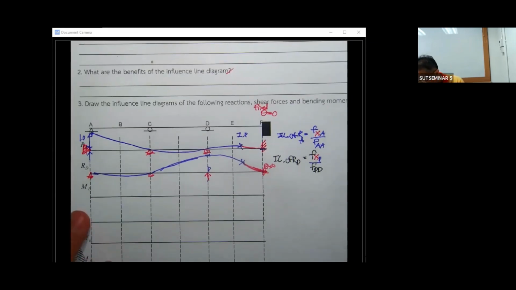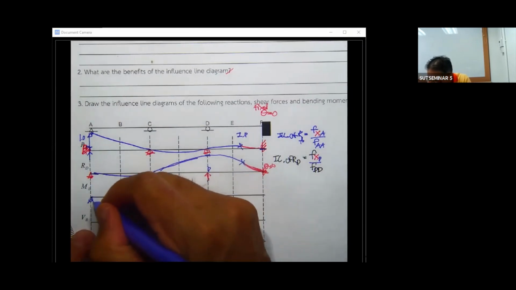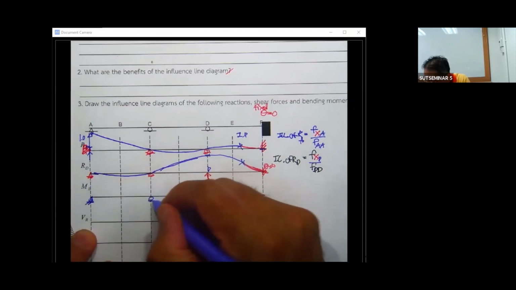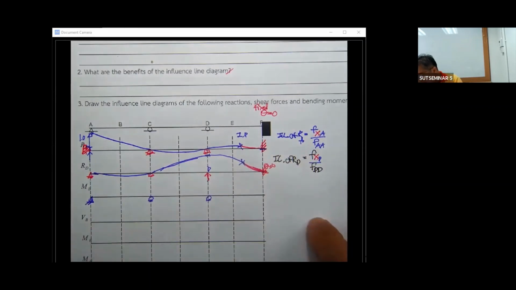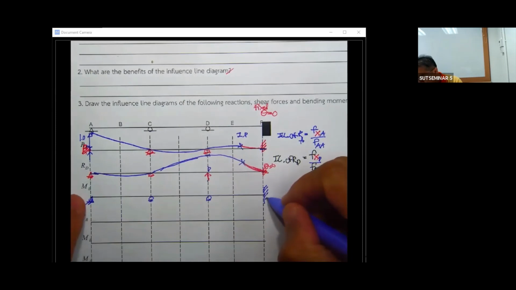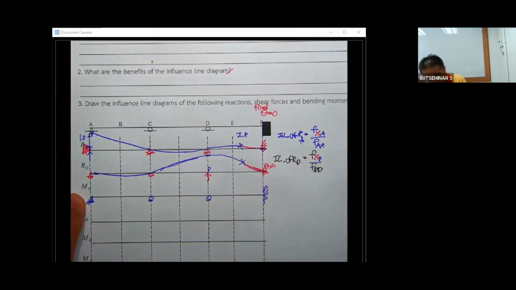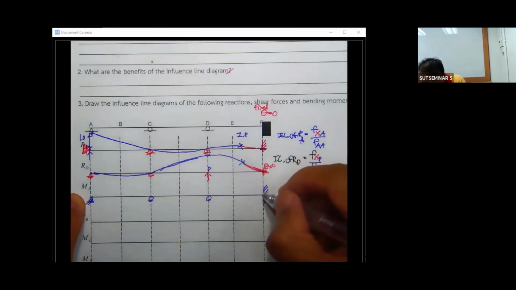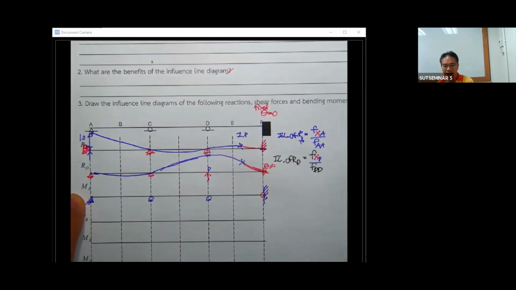For the M sub E, this is M sub E. Just have this one as the pin, roller. When you determine the moment at point E, you have to put the hinge here.